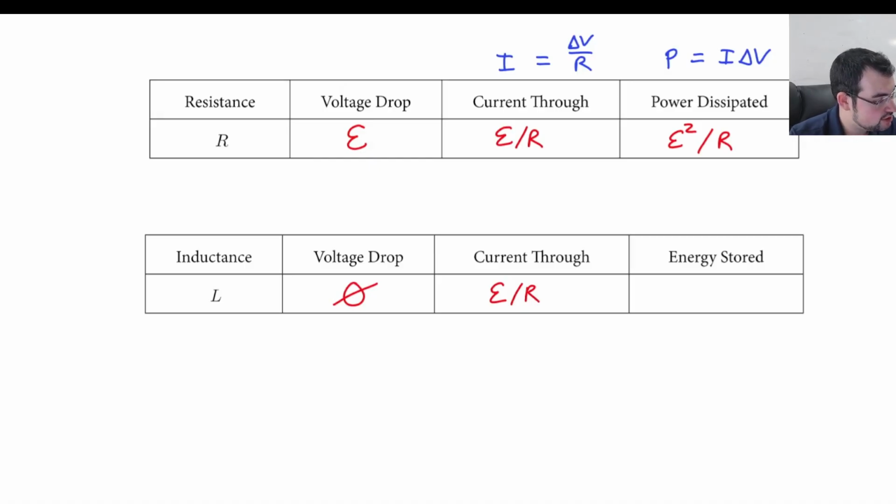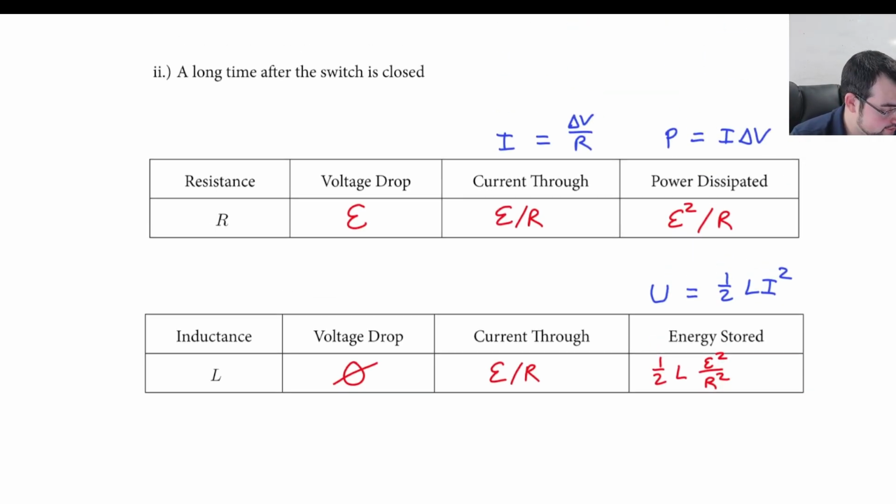And then what is my energy stored? Well, for an inductor, we don't have 3 formulas to pick from like we did for capacitors. We just have our sort of pseudo kinetic energy, 1/2 Li squared. So we get 1/2 L epsilon squared over R squared, just plugging in our current into that.